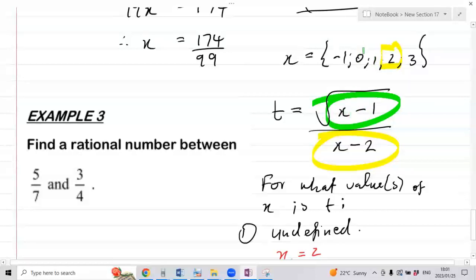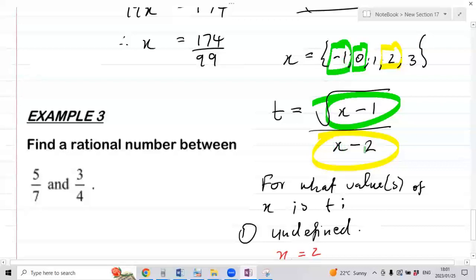But if I put 0 inside here, for example 0 minus 1, that becomes non-real. Now be careful of the denominator as well. We already know that x can't equal 2. So one answer will be 0 and the other will be minus 1.